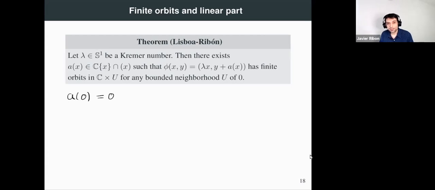What we want is diffeomorphisms that have finite orbits, but do not have all the eigenvalues being roots of unity.